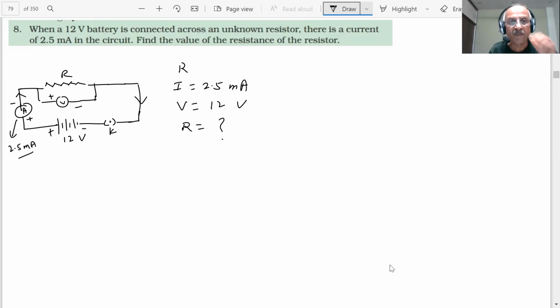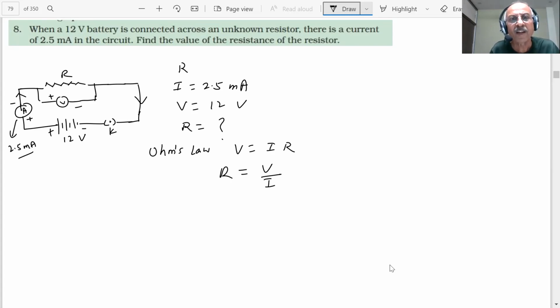What is the answer coming, student? Which formula are we using? V is equal to I into R, student. What is R? R is V by I. You have to be careful of the unit. This is milliamperes.